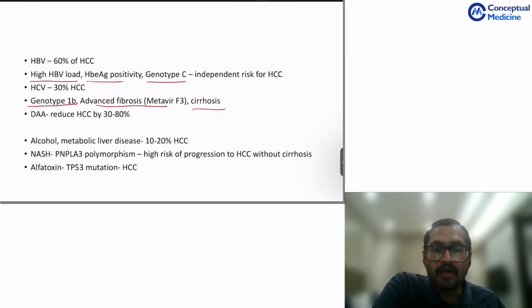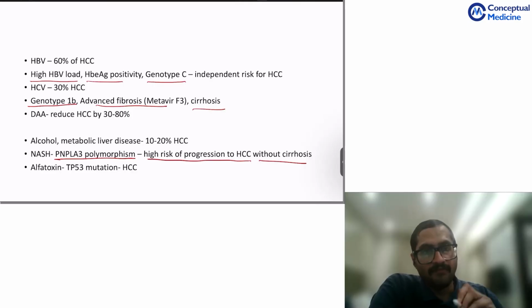Compared to this, alcohol and metabolic liver disease have less predisposition, and try to remember this gene. This has been asked once in the exam: a gene polymorphism is associated with conversion of NASH liver disease into hepatocellular carcinoma without cirrhosis. Normally we see chronic liver disease, liver cirrhosis, decompensation, and hepatocellular carcinoma.